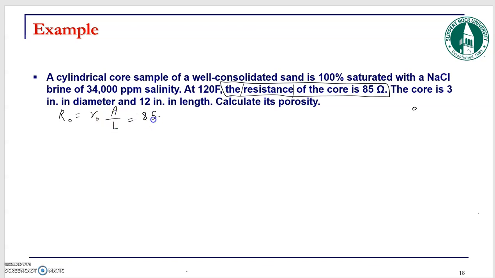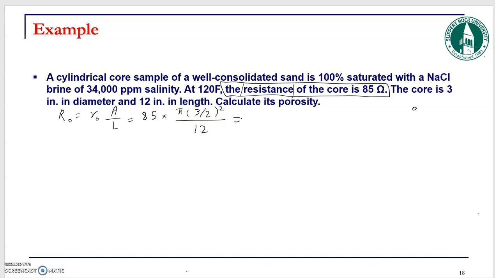So this is 85 multiplied by pi r squared, which is basically our cross-sectional area, and that's 3 inches divided by 2. That's 3 inches in diameter, 3 over 2. That's going to be our radius, and then divided by the length of the sample, which is 12.